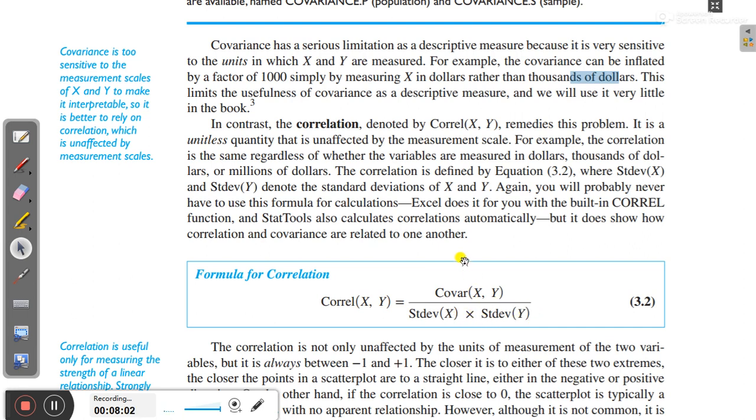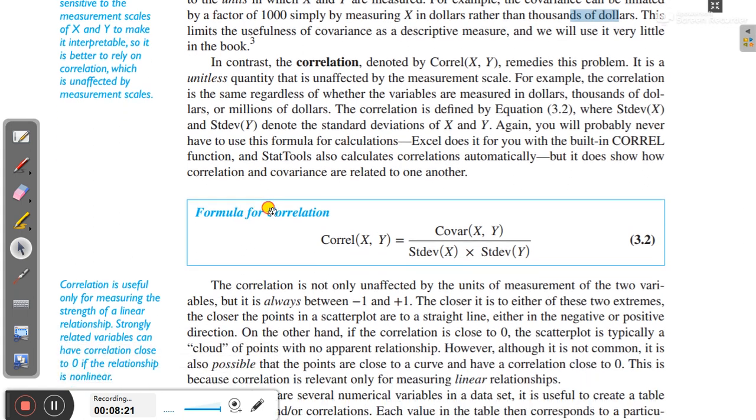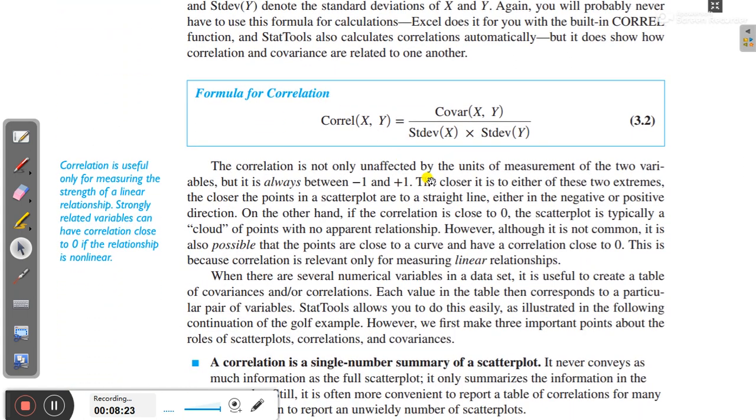And one unique point of this thing is that the value of the correlation is unitless. Okay, because the value of the covariance will be divided by value of the standard deviation x multiplied with standard deviation y. And here you can see the correlation is not only unaffected by the units of measurement of the two variable, but it always between +1 and -1. The value will be always between +1 and -1.